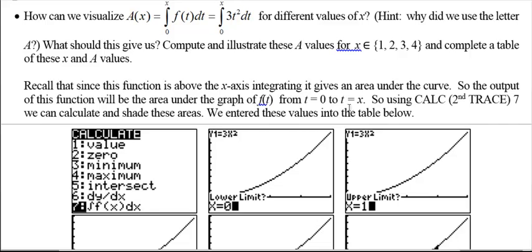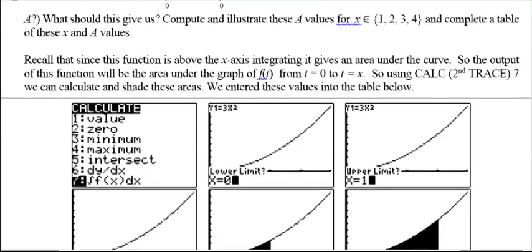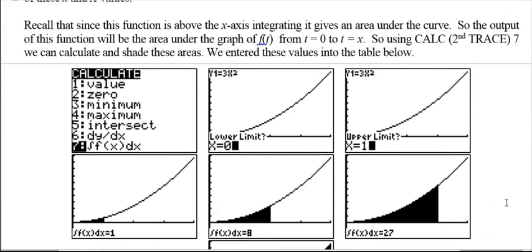One way we can do that with our calculators on the TI-84 is to press calc, which is second trace, and select number 7, which is the numerical integral, which in this case is an area calculator and shader. It's going to ask you for a lower limit.